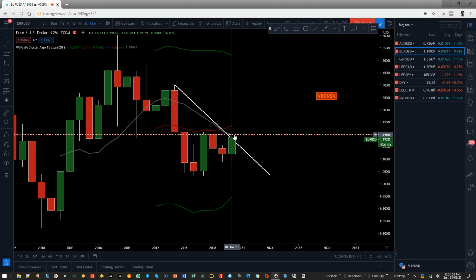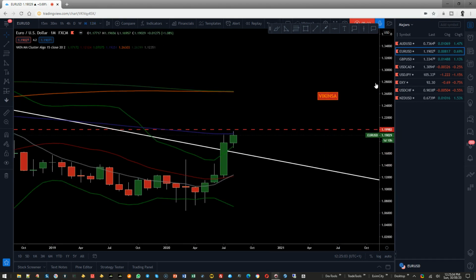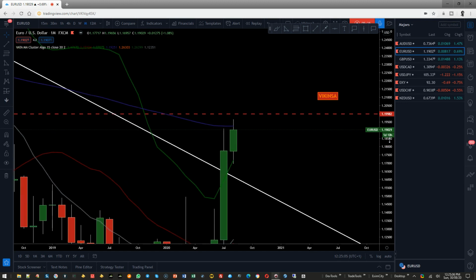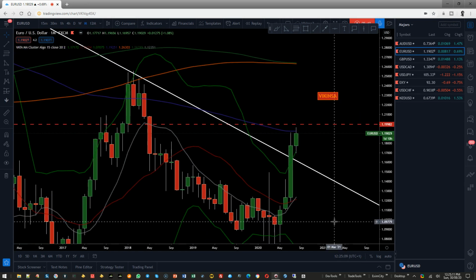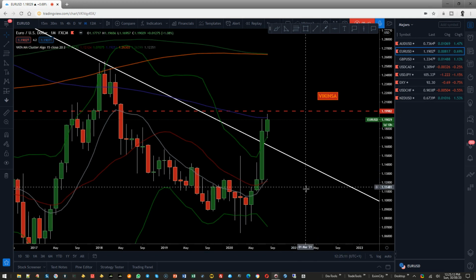So we can expect a little reaction here. If we see that reaction, we can trade that for short opportunities, but for now, that is the level that we have on the monthly time frame.